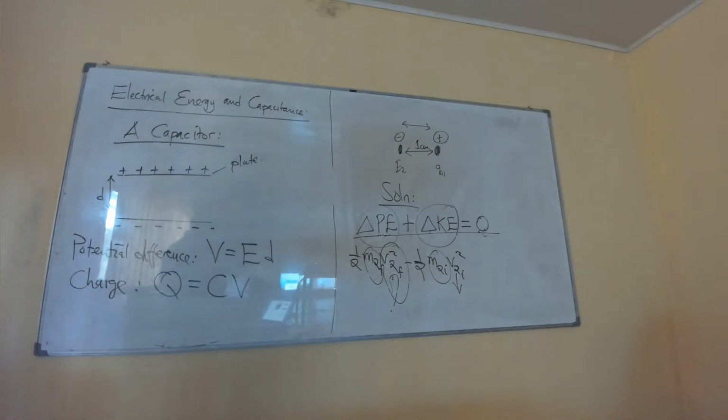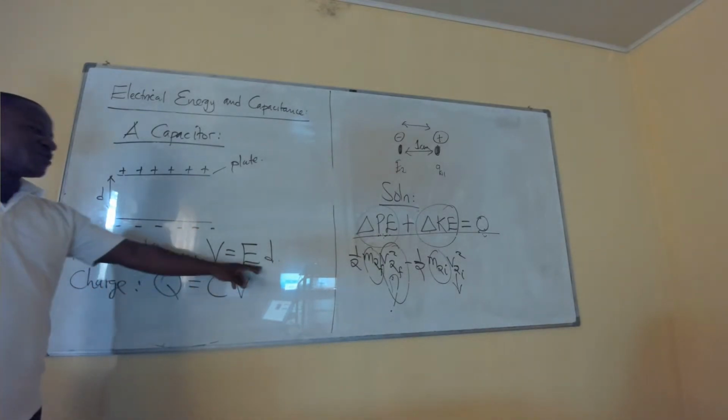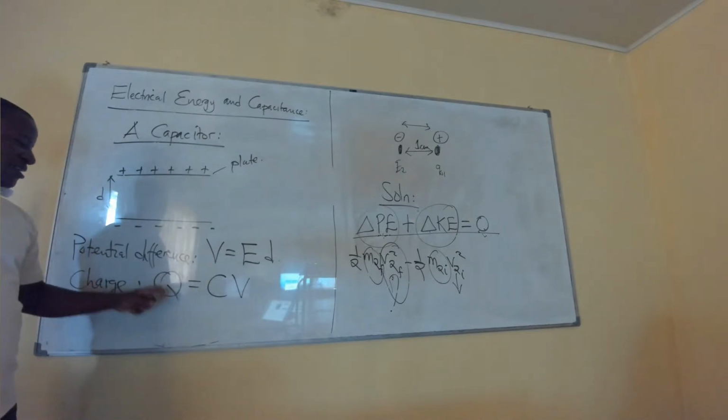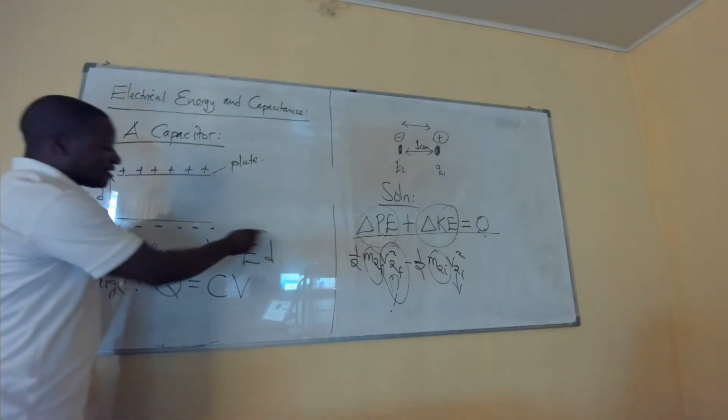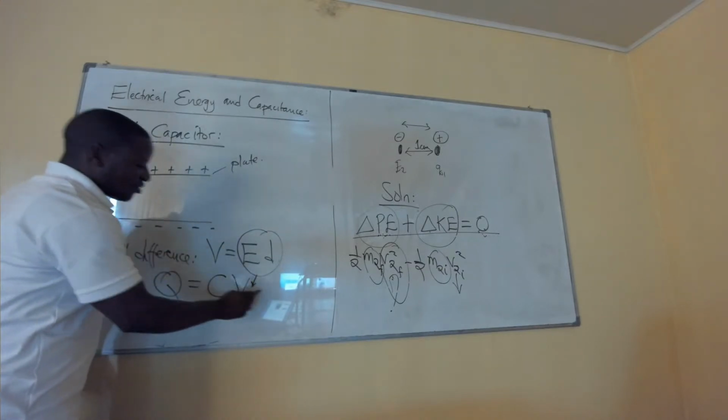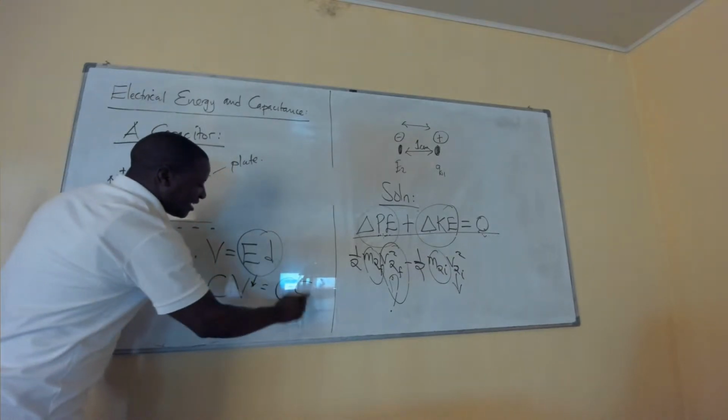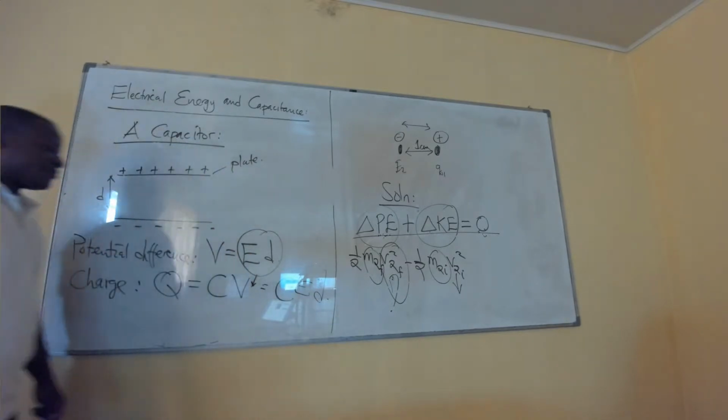So you should be able to know how to manipulate these formulas, given that V is equal to Ed, and then the charge Q is equal to CV. So you can easily bring this down here, which is the same as CEd, like that.